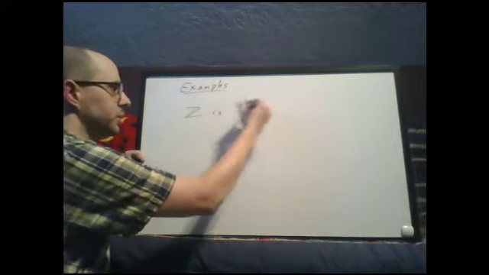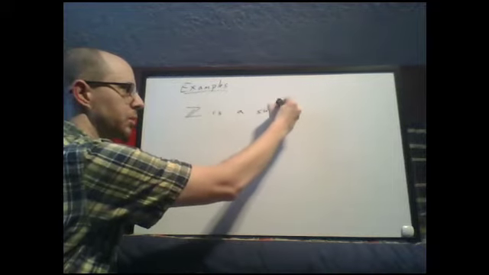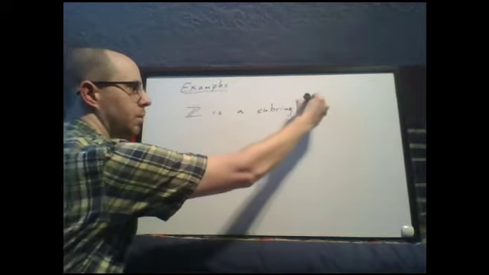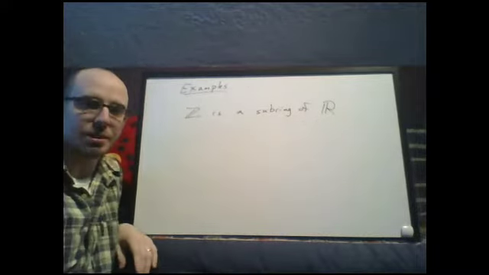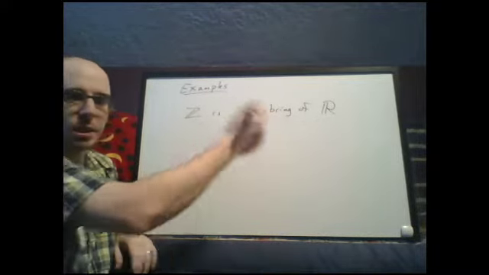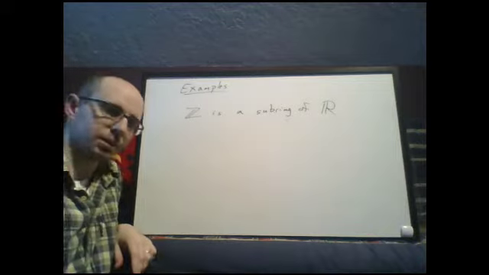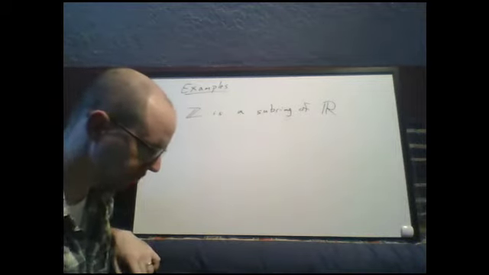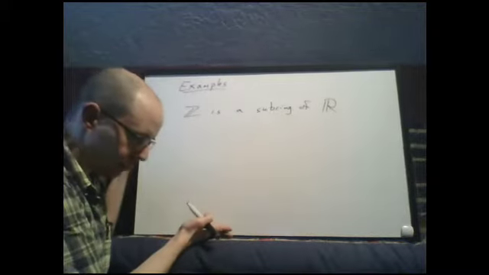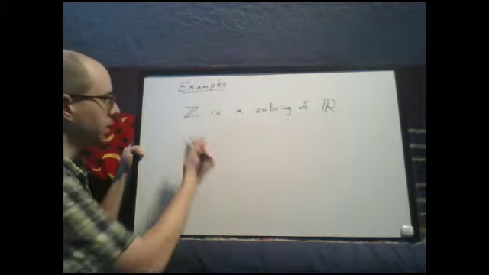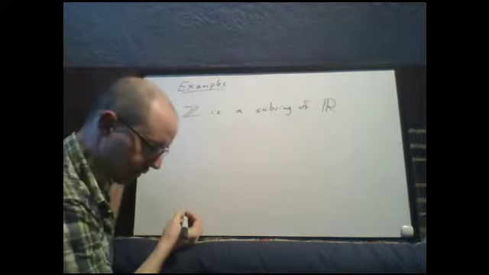Z, the integers, is a subring of the real numbers. They both have the standard addition and multiplication, and Z is a ring and it's a subset of R. Let's see what else.